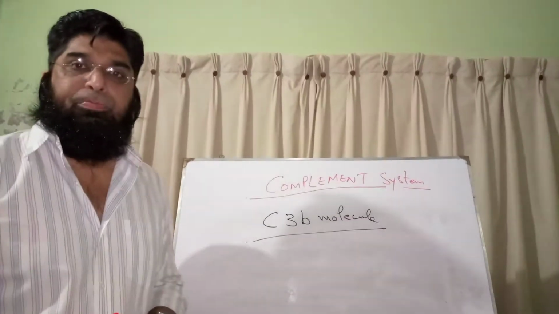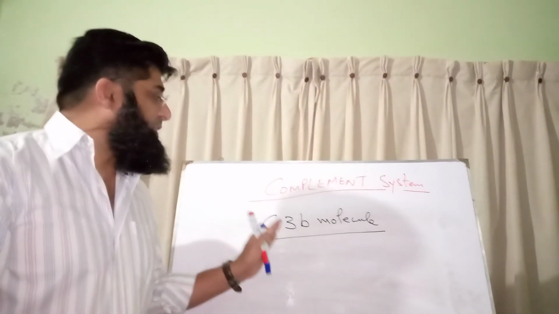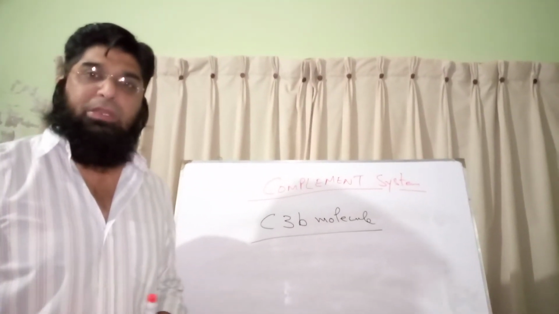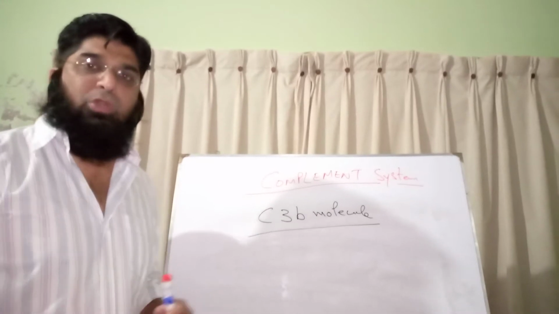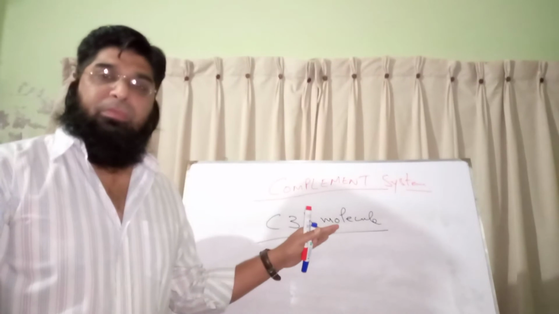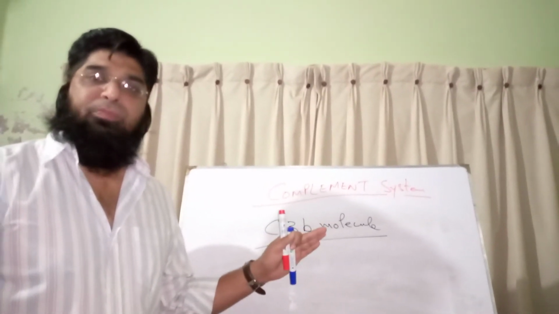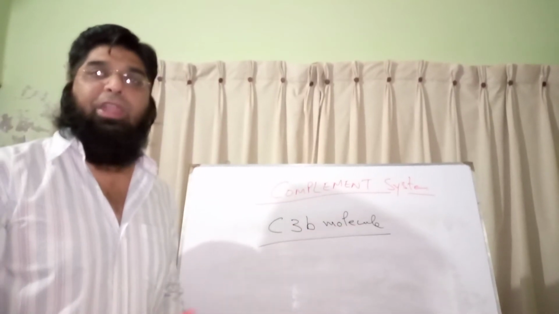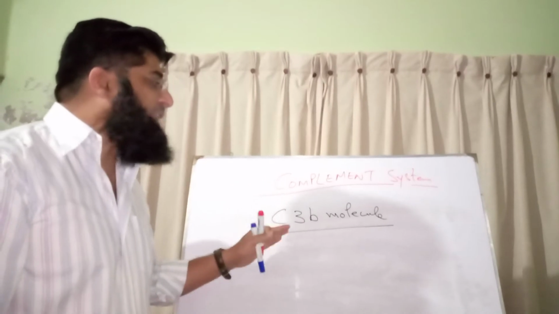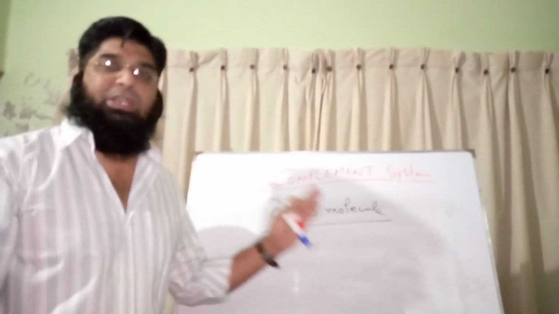Students, what is the C3b molecule? The C3b molecule is also a complement protein. It is the main protein which becomes attached on the surface of offending antigens and makes it easier for the phagocytic cells to destroy them.